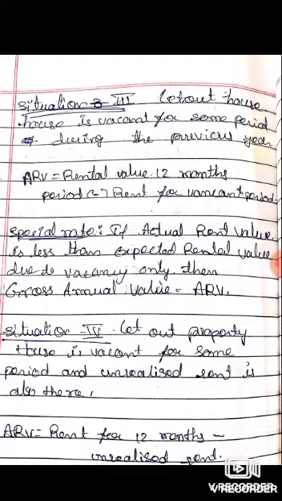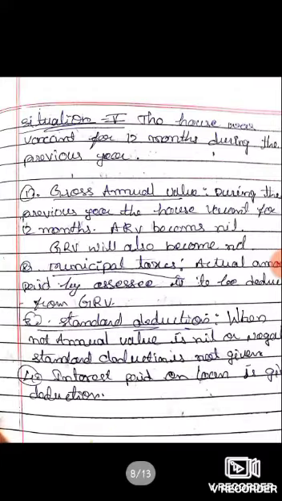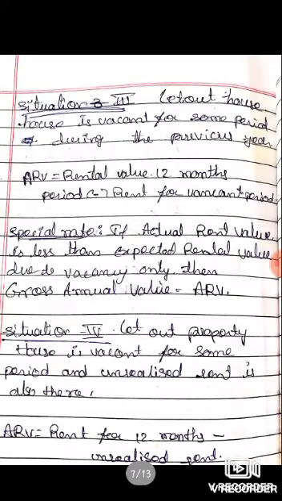So how do we calculate ARV? Rent for 12 months minus unrealized rent. First we have to take the rent for 12 months and we have to deduct the unrealized rent from that. So in this situation, again we have to calculate the ERV and ARV.